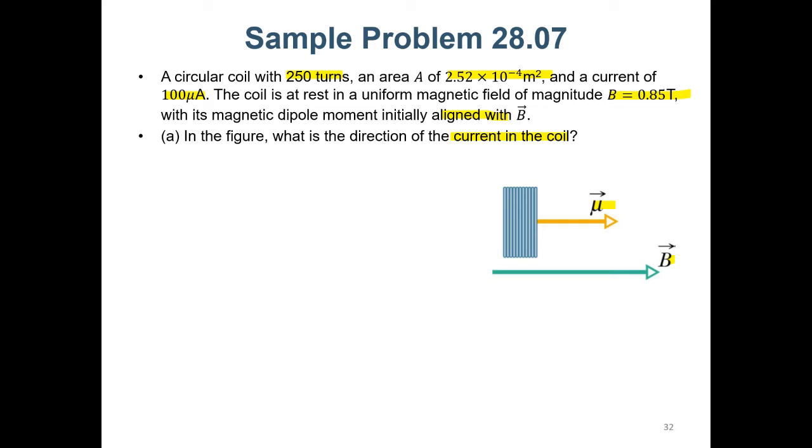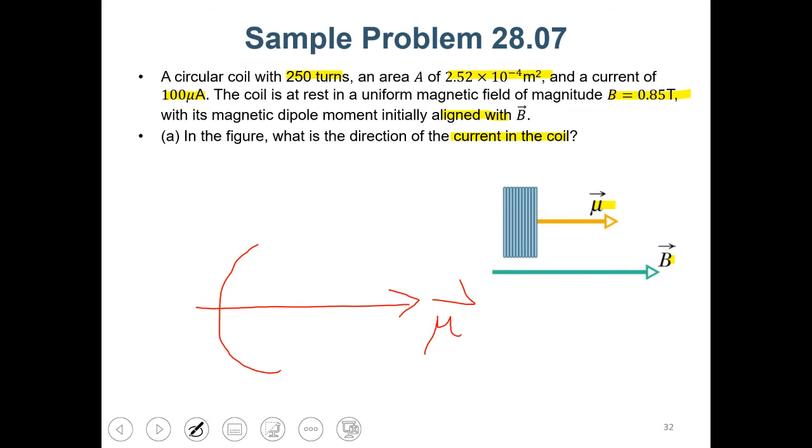So I think this one is very easy. Just now I mentioned that you use your right hand rule, then you can determine the current of the coil. So here we have mu pointing to the right side. So the coil, if we just draw it like this, then use the right hand rule, you know that the current is going like this.